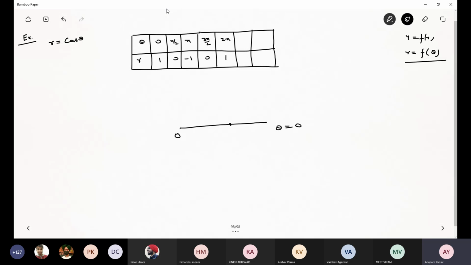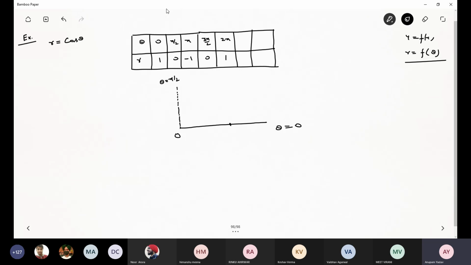Now as we move towards the line theta equals pi by 2, what is happening? The value of r is decreasing from 1 to 0. And since sine and cos have a cyclic nature, it will not decrease linearly.